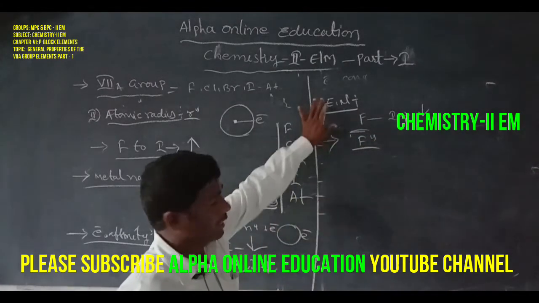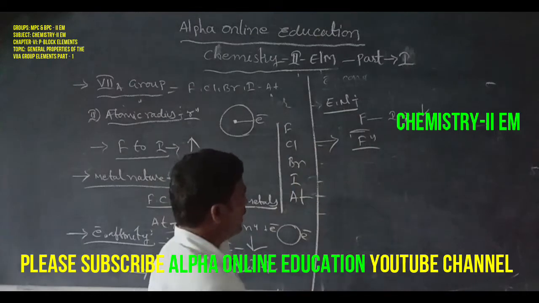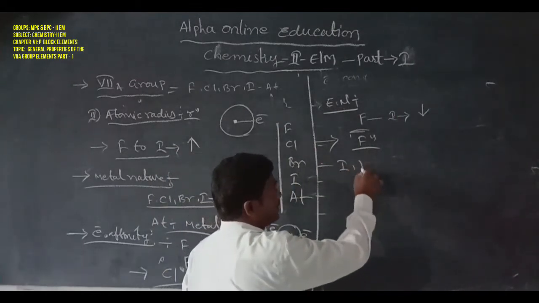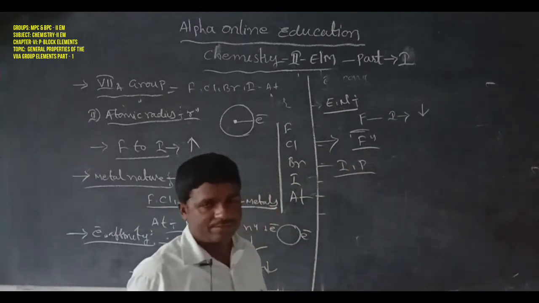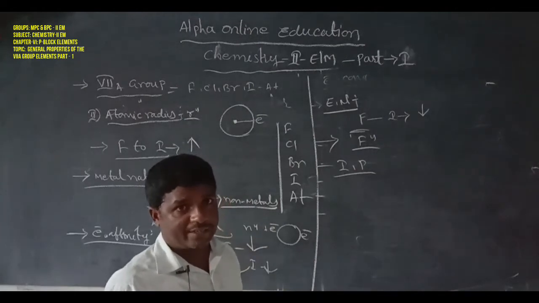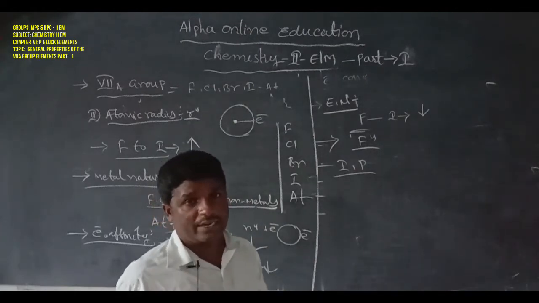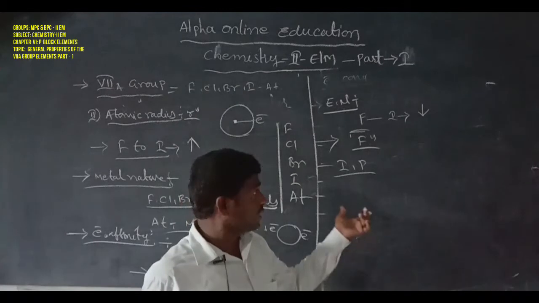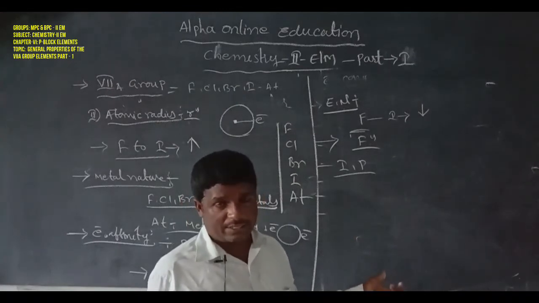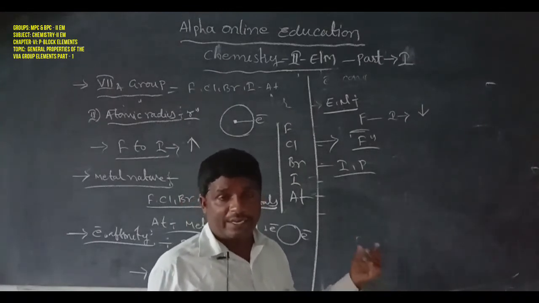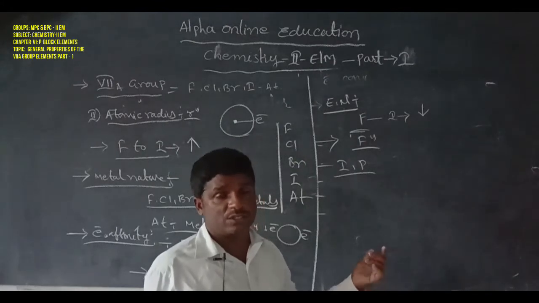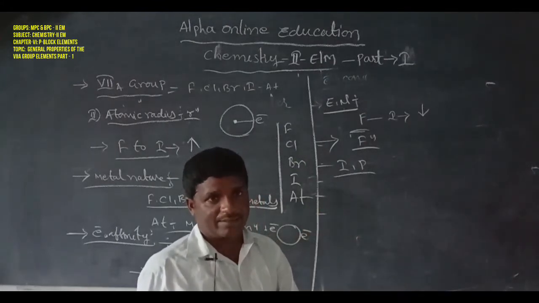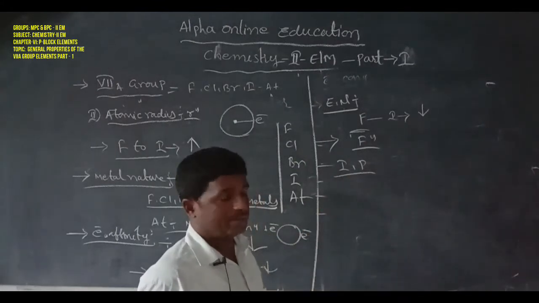That is electronegativity. Next one, IP means ionization potential. The removal of one electron from the outermost shell is called ionization potential. The energy to remove one electron from the outermost shell of an isolated neutral gaseous atom is called ionization potential.